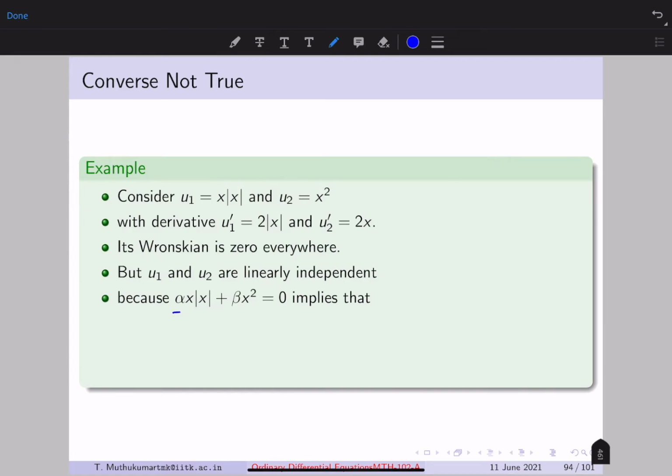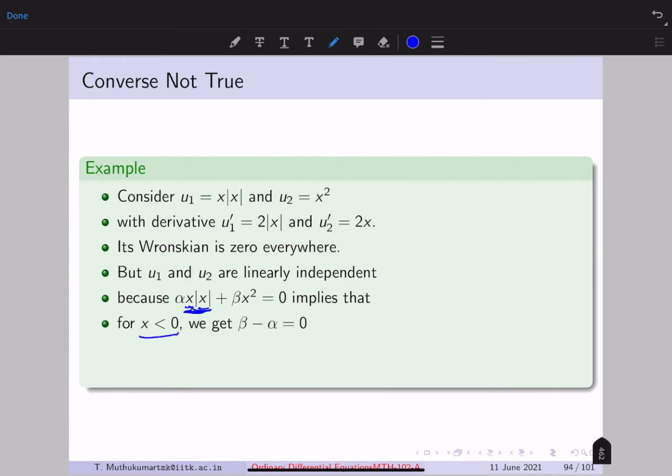If you take this linear combination alpha u1 plus beta u2 equal to 0, then for x less than 0, that is when x is negative, mod x is positive, whereas this x is negative. So this x mod x is negative of x square, whereas this is beta x square.